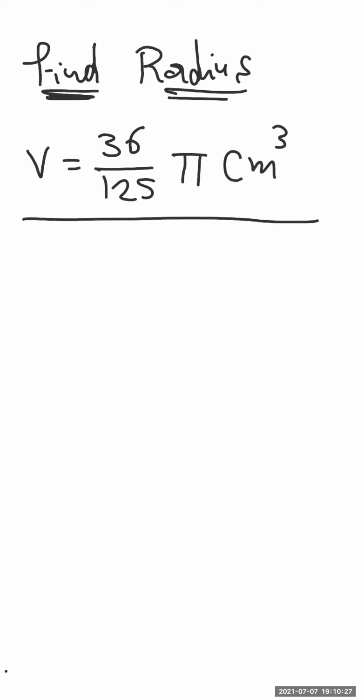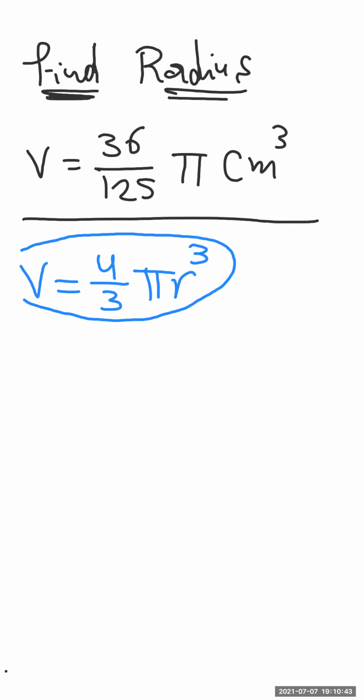Okay. In this case, guys, we just said that the volume of the sphere, the rule, equals 4 over 3 pi r to the power 3. So this means this volume, or the rule of the volume, equals this value.